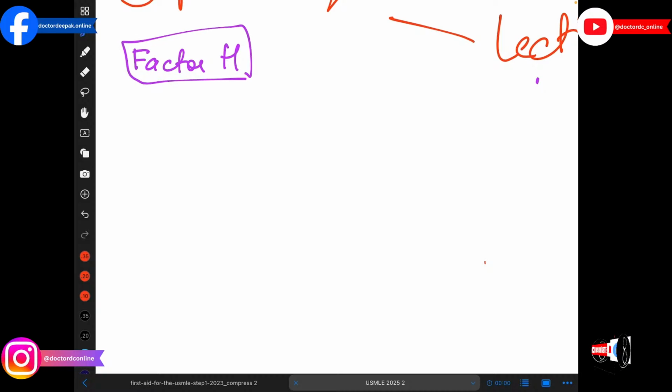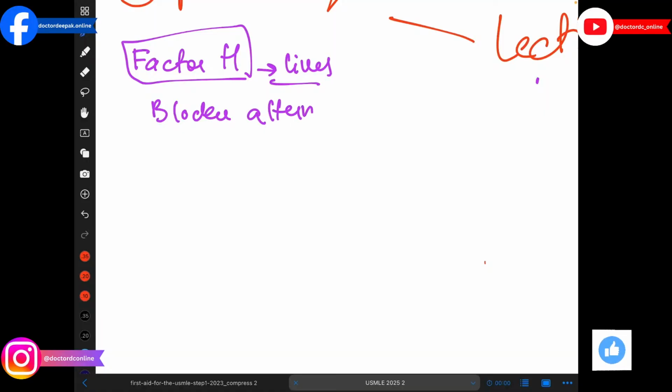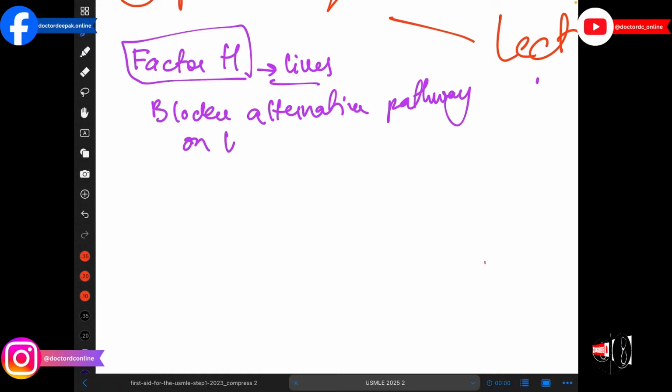Factor H is a plasma glycoprotein also synthesized by the liver, and it blocks the alternative pathway on host cells.